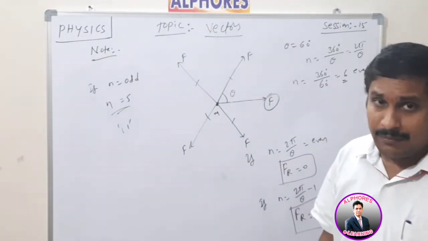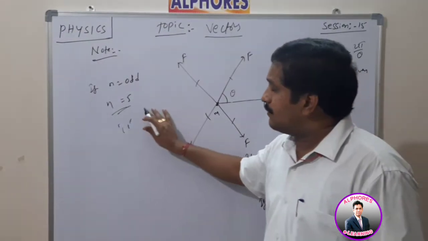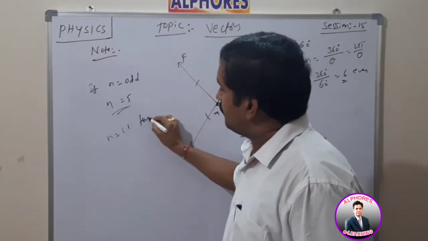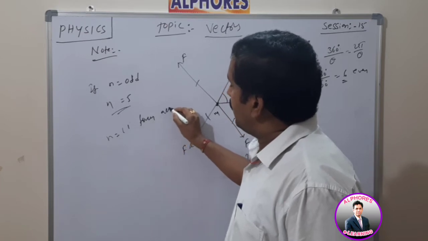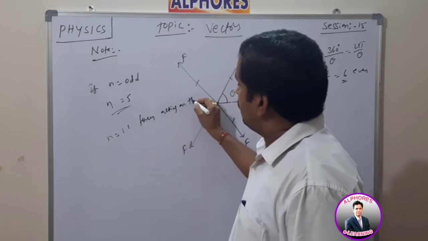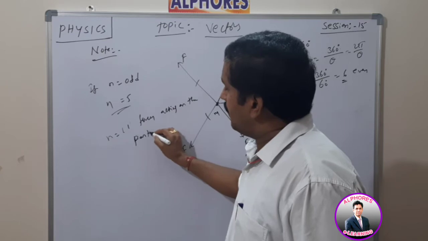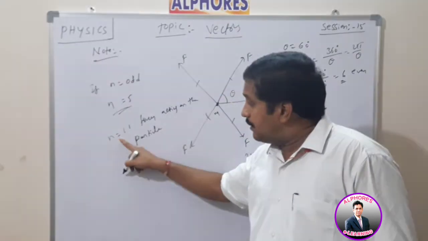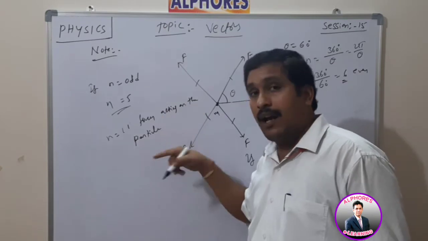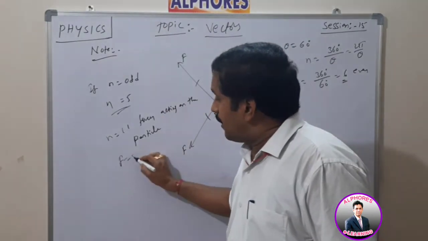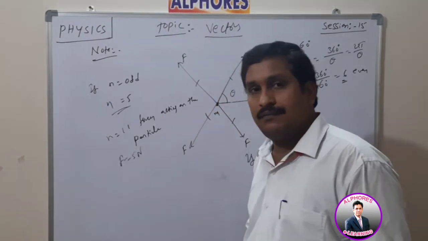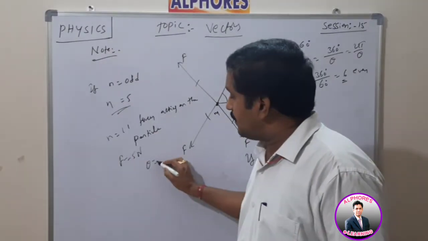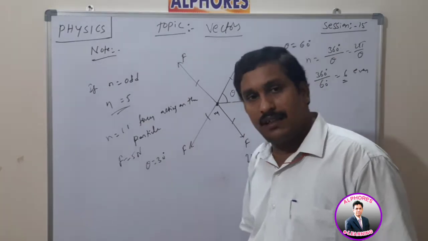Listen carefully to what I am taking: N is equal to 11 forces acting on the particle, 11 being an odd number. Each force has magnitude, let us say, 5 newtons, and the angle between each force is, let us say, 30 degrees.